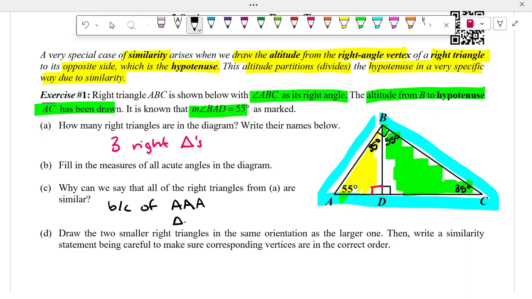So triangle ABC is similar to triangle ADB, which is similar to triangle BDC. So all 3 of those triangles are similar to each other. And just for reference, blue triangle, yellow triangle, green triangle.